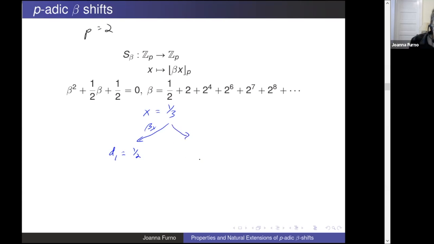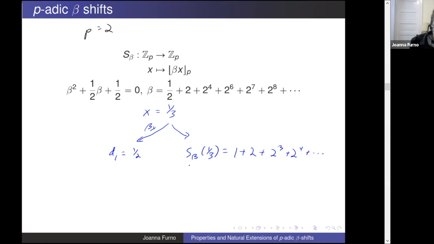And the integer part gives us our image under our transformation, which in this case is approximately 1, 2, 2 cubed, 2 to the fourth, and so on.